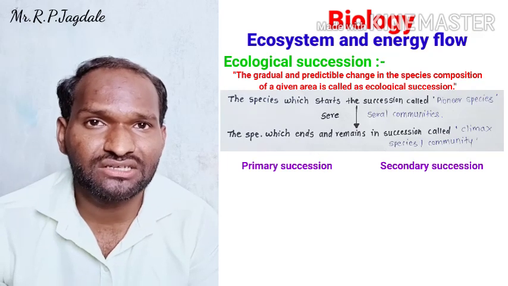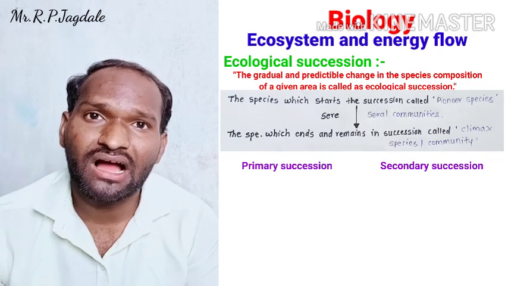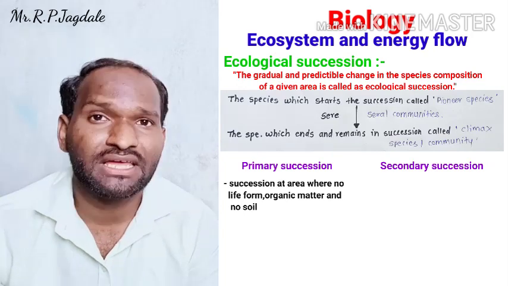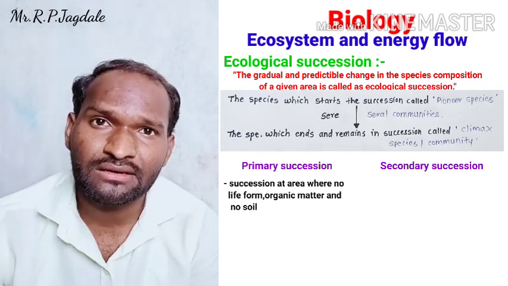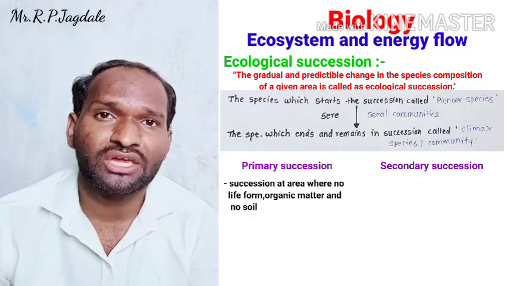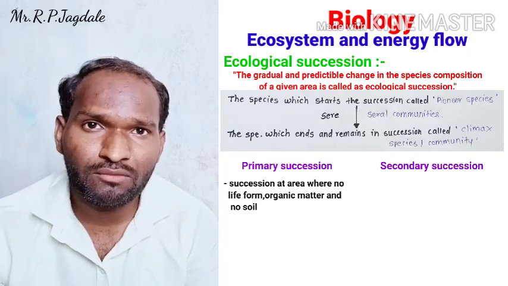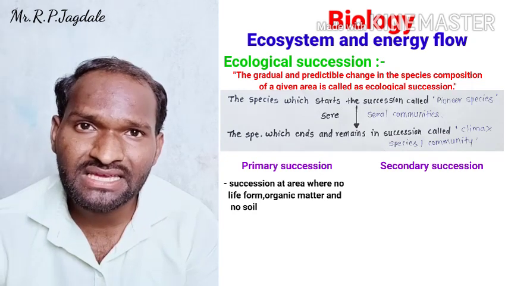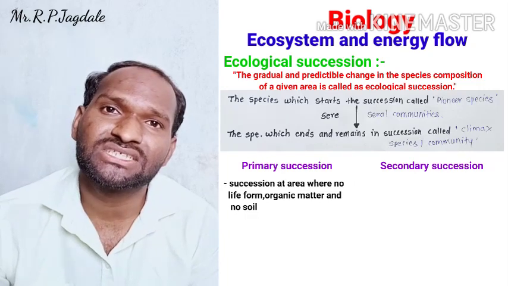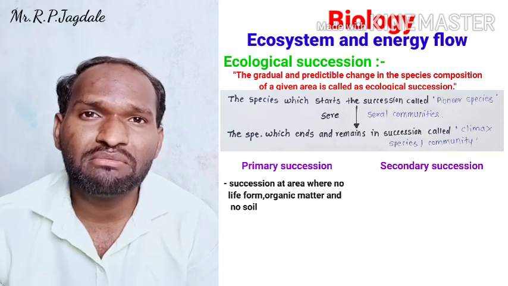This is the succession where, in the area, there is no life form earlier, no organic matter, and no soil present earlier. If ecological succession starts at such a place, it is called primary succession.